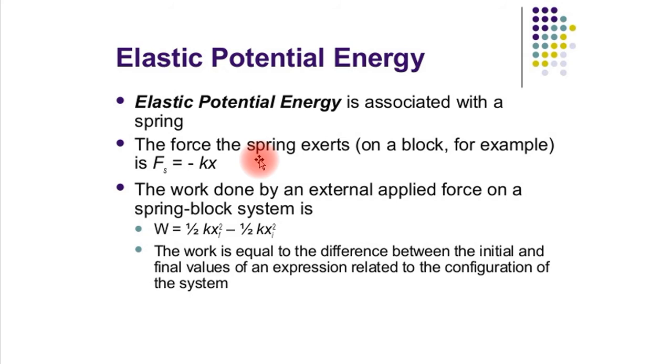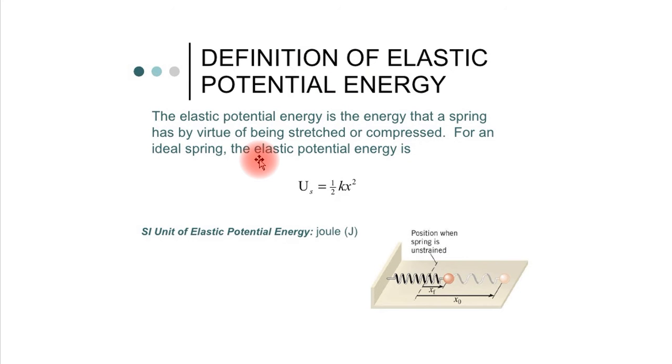Okay. Now, what happens when the force is exerted by the spring on a block or anything attached to it? Suppose this is the spring, and this is a ball which is attached to the spring. This is the rigid support. This very faint support.